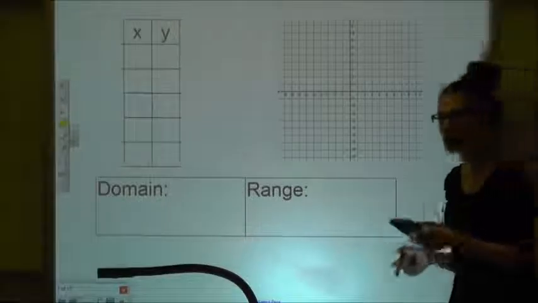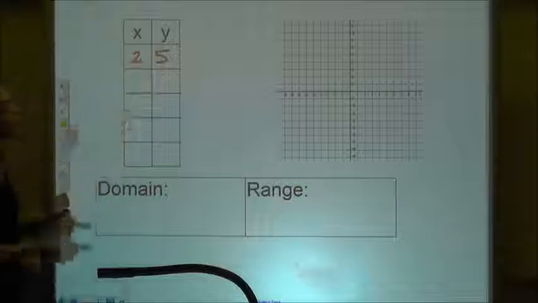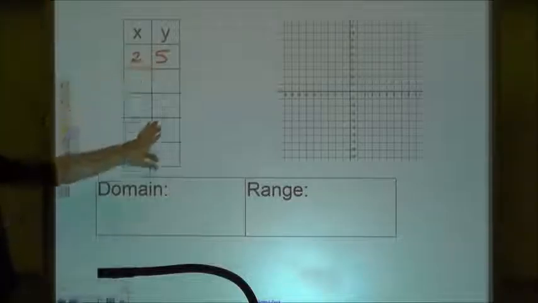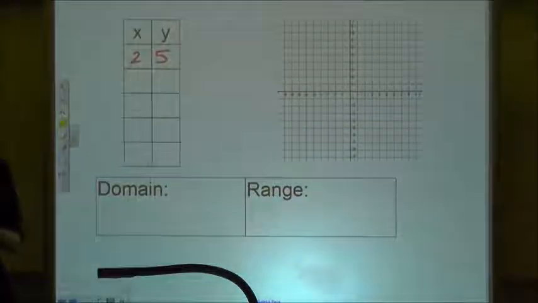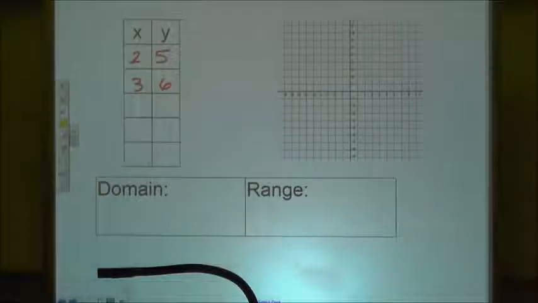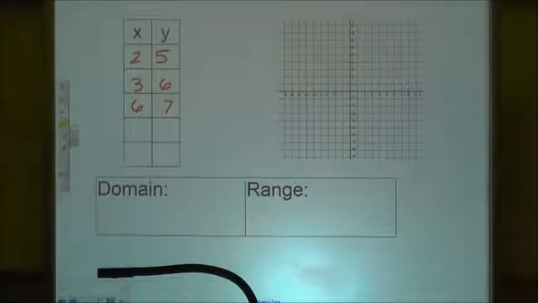The first point that you have is 2, 5. Everything above 2, 5 says error. That's because there are no points there. We're going to write down our whole number of points. You've got 2, 5. You have 3, 6. Keep going down. You have 6, 7. Keep going down.